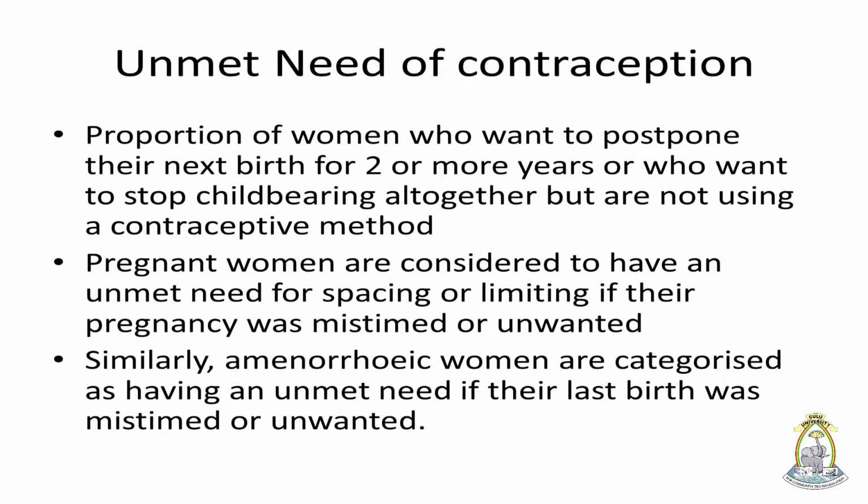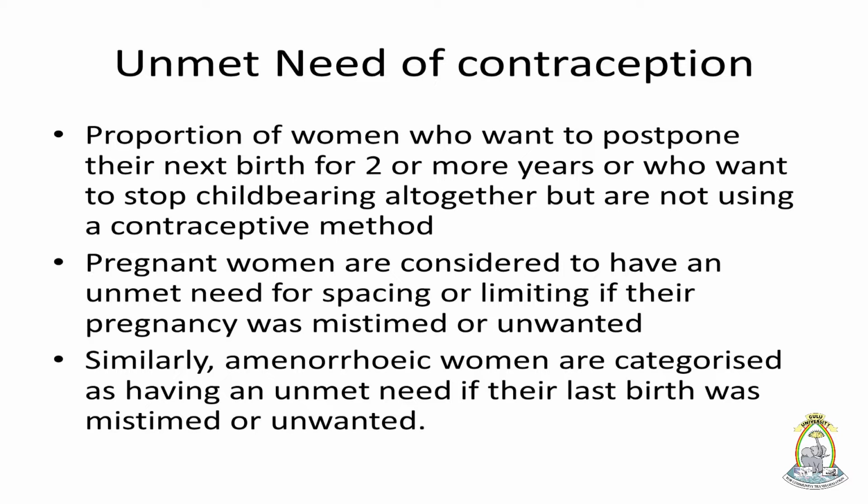The unmet need of contraception. This means women who do not want to have a pregnancy for the next 2 or more years, and all those who do not want to have any more children, but are not using any of the contraceptive methods. So when you're not using any method, but you do not want to have a child, or you want to postpone childbearing for the next 2 or more years, and you're not using a method, that's what we call the unmet need of contraception.